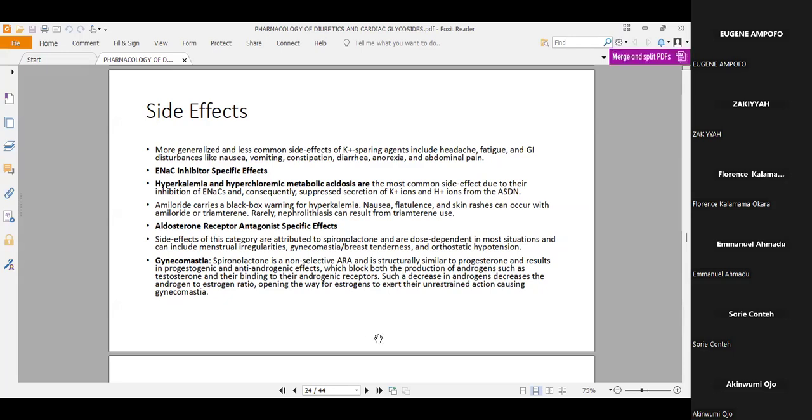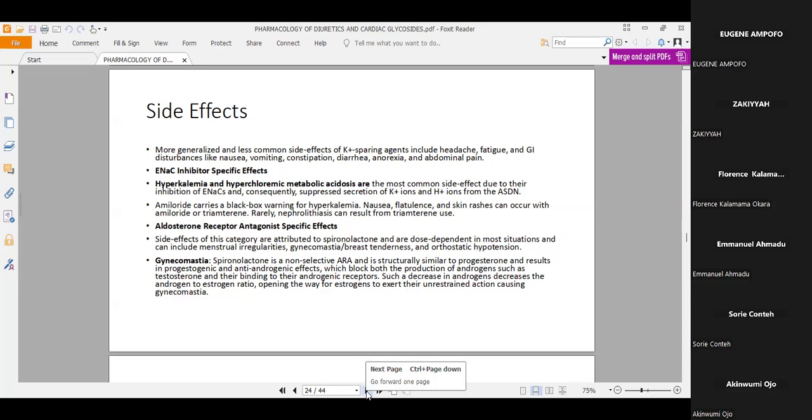So such a decrease in androgens will lead to a decrease in the androgen to estrogen ratio. And because of that, it will manifest with the side effect of gynecomastia.